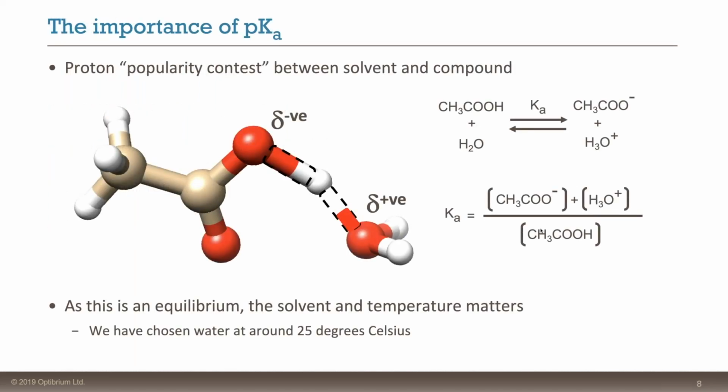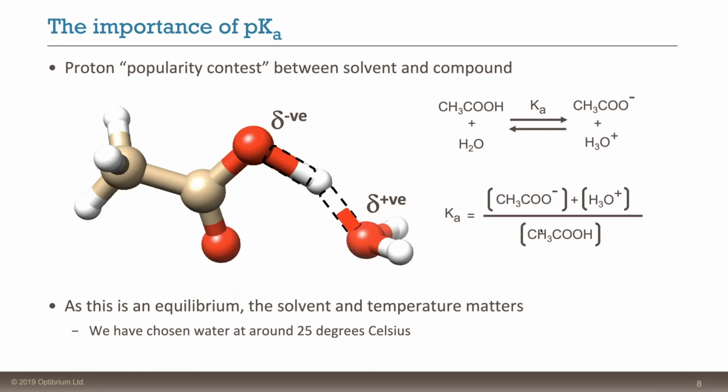So I like to think about pKa really as a proton popularity contest between the solvent and the compound. And you can see on the slide the equilibrium that is there in terms of where that proton likes to reside given a particular pH of the solvent. Now, in our particular case, we are interested in that solvent being water.